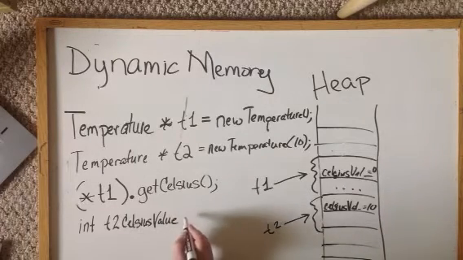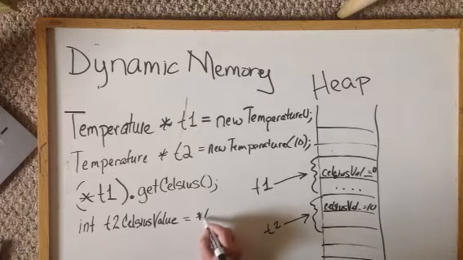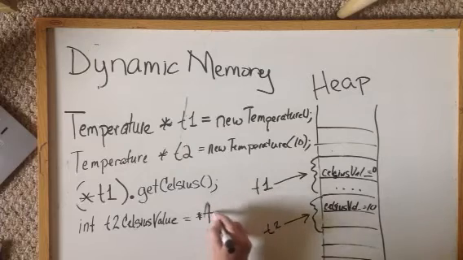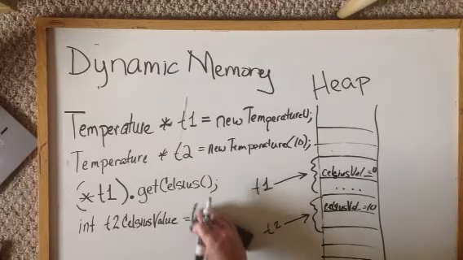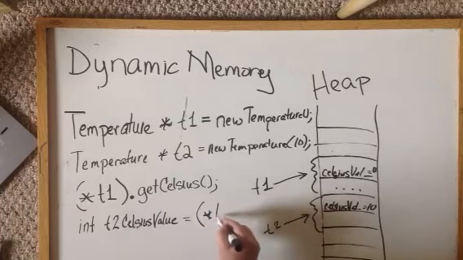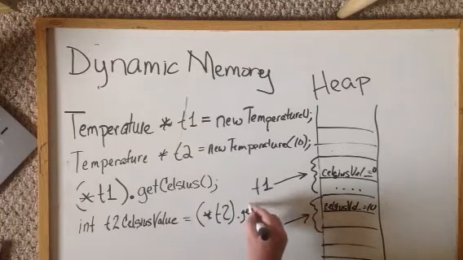And then we can assign that equal to the dereference of T2. The dereference of T2 and calling the get Celsius.